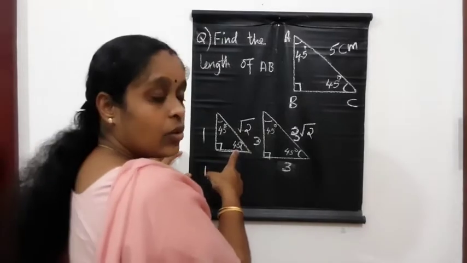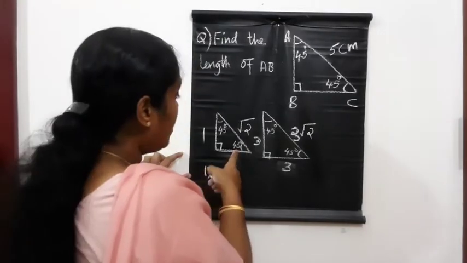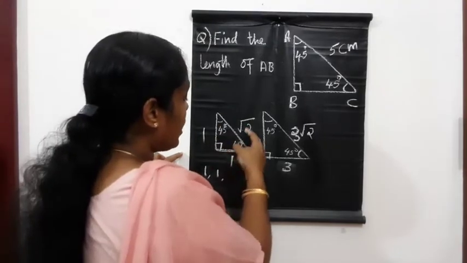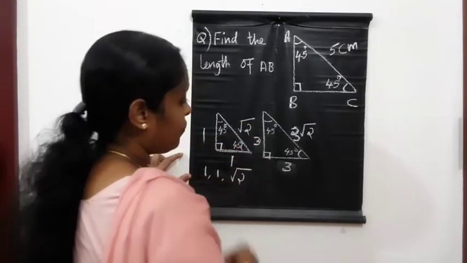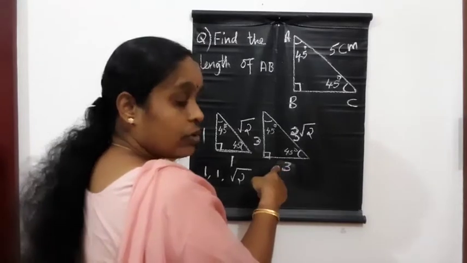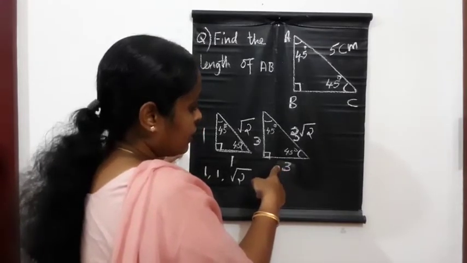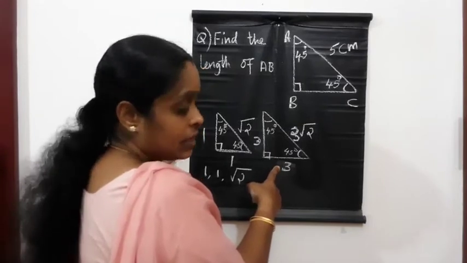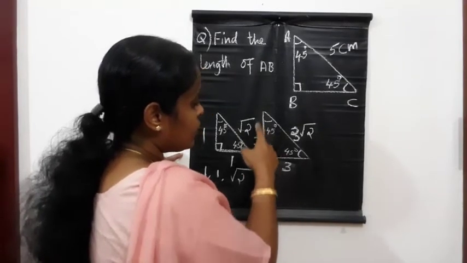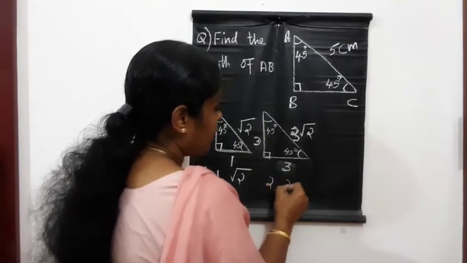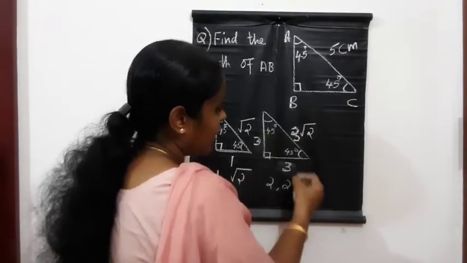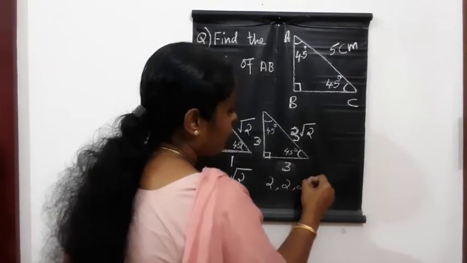If the sides opposite to the angles are 1, 1, then the length of the side opposite to 90 degree is √2. Before, if the sides are 2 centimeters, that is, this side is 2 and this side is 2 centimeter, then the hypotenuse, or the length of the side opposite to 90 degree, is 2√2.